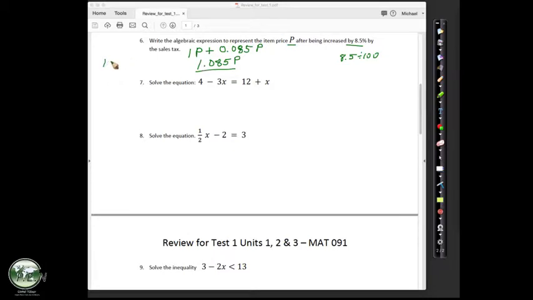So we were going to pay the full price, 100% of P, but we got a discount of 30%, which as a decimal is 0.3 or 0.30 if you want. And the discount is based on the price. It's really the same type of problem, but we're subtracting instead of adding. So 1 minus 0.3, we end up with 0.7p.